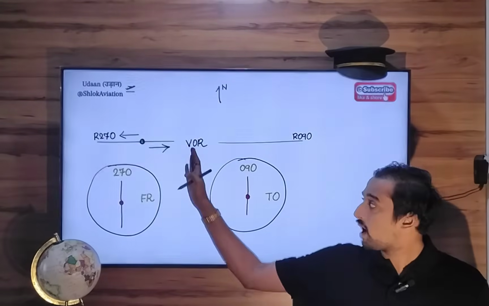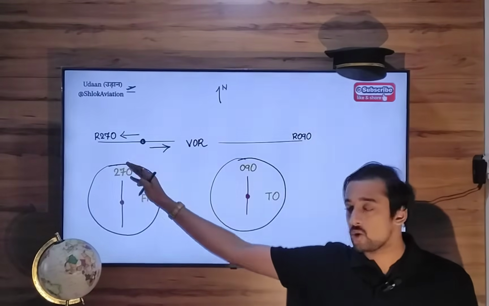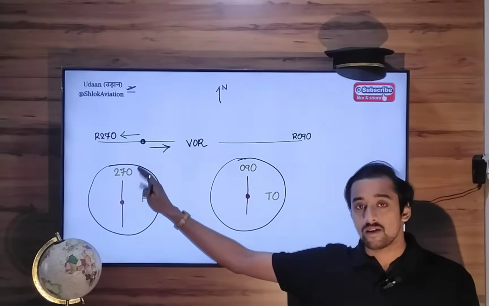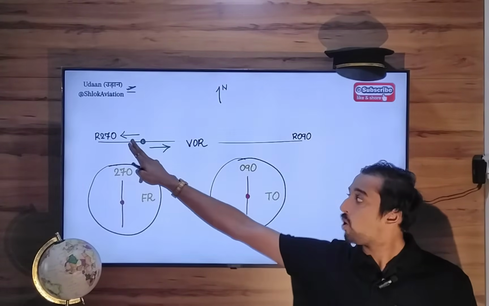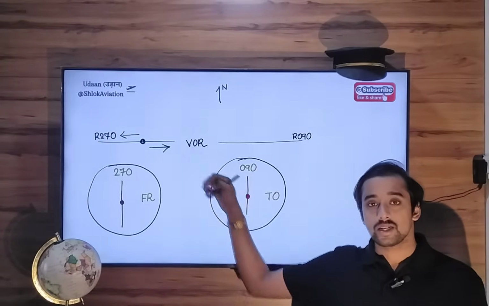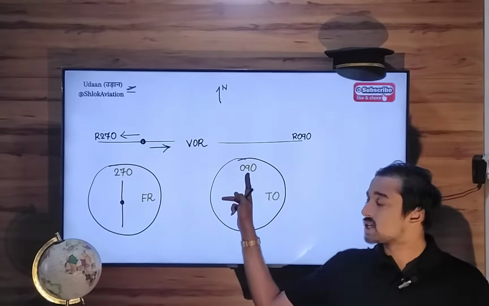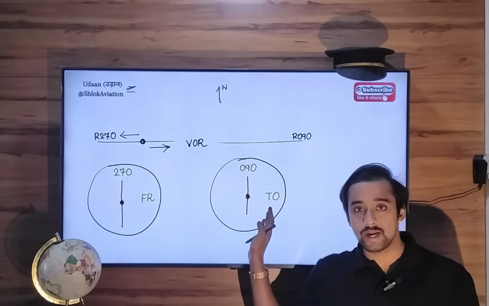So going outbound on radial 270, you put 270. When going inbound on radial 270, the correct procedure is to put 090 so as to get TO indication.